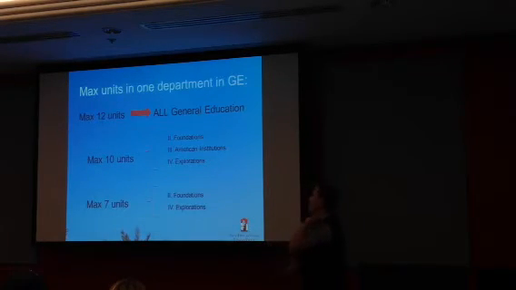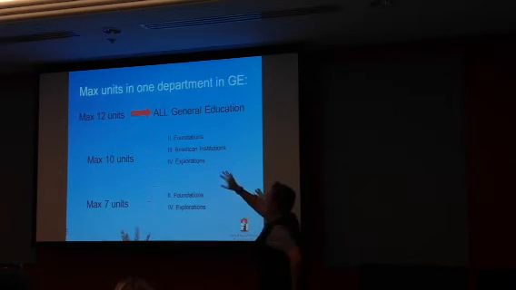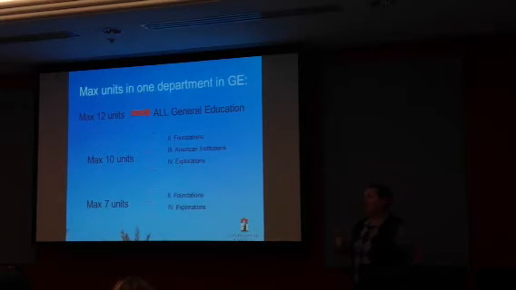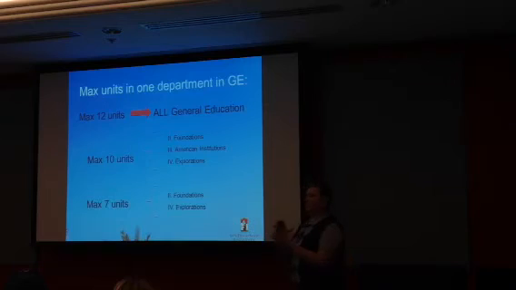It's like, when you're talking about all of GE, it's only max 12 units and that's one thing. I just need a little bit more clarification. So when I say all of GE, you can't take more, let's use anthropology as our example, you can't take more than 12 units across all of GE.